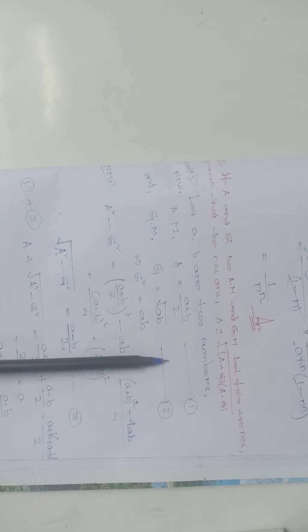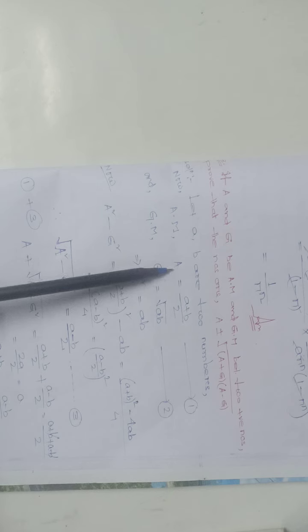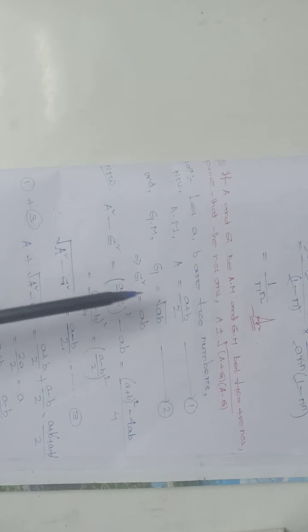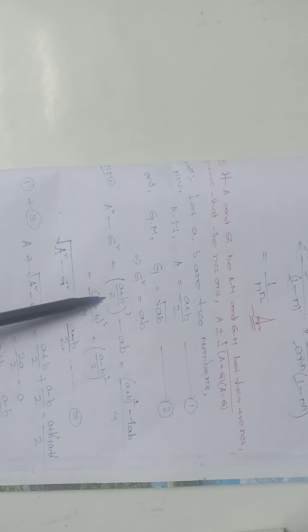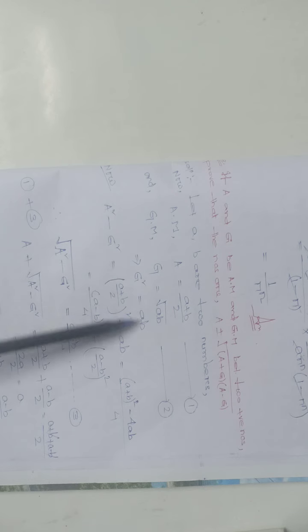So students, we know that arithmetic mean of the two numbers, A equal to a plus b by 2, and geometric mean of the two numbers G equal to root over ab. So when you square this one, G square equal to ab. Now A square minus G square equal to a plus b by 2 whole square minus ab.